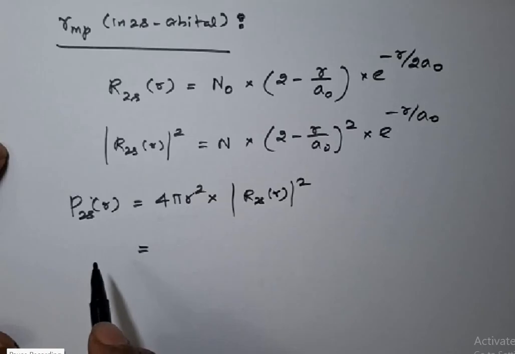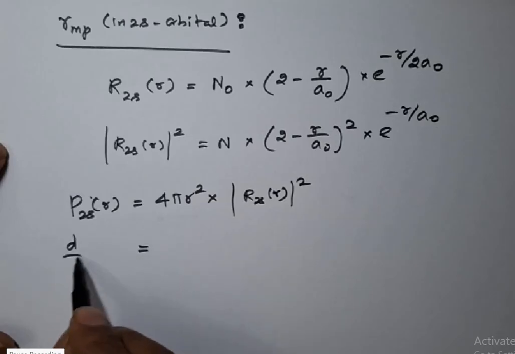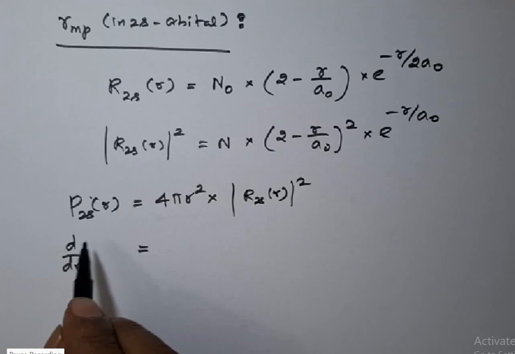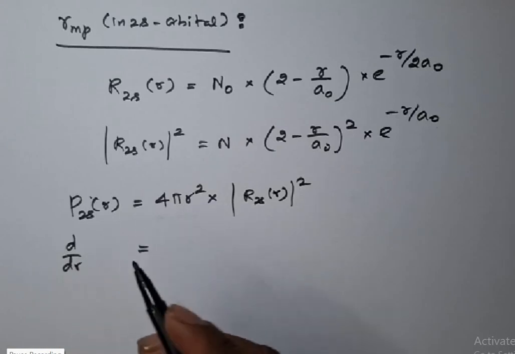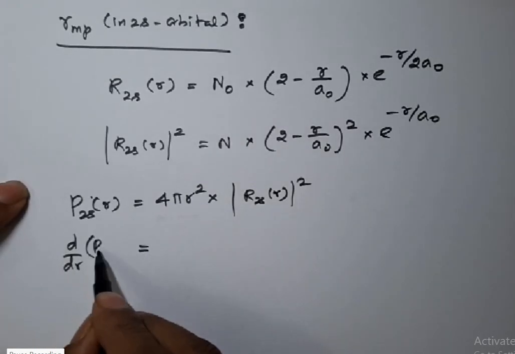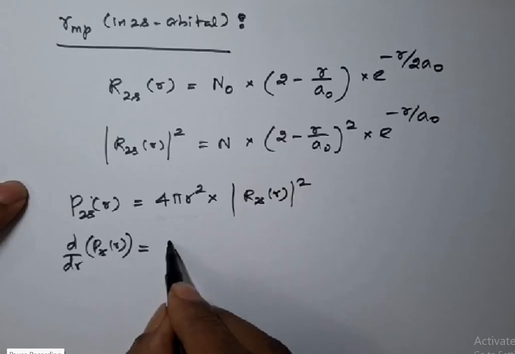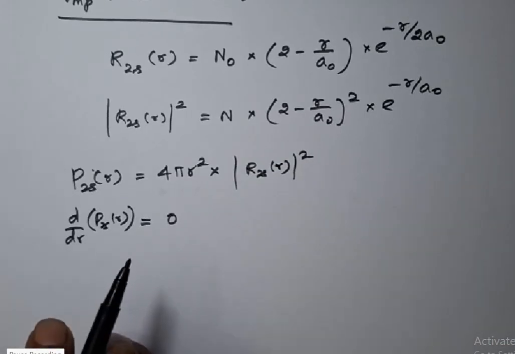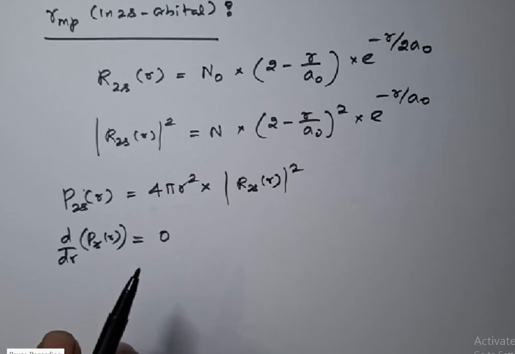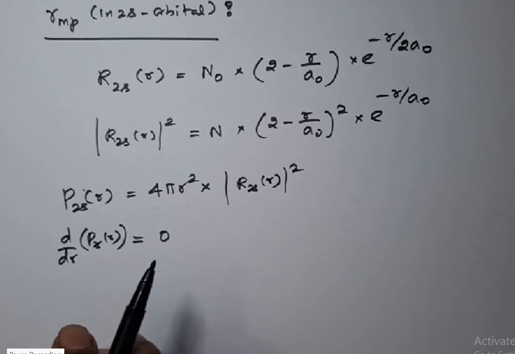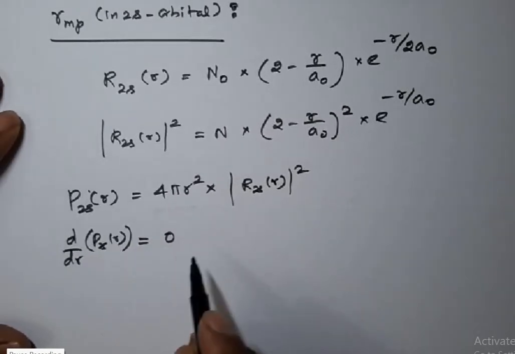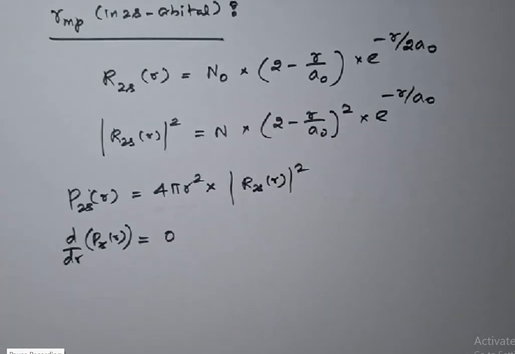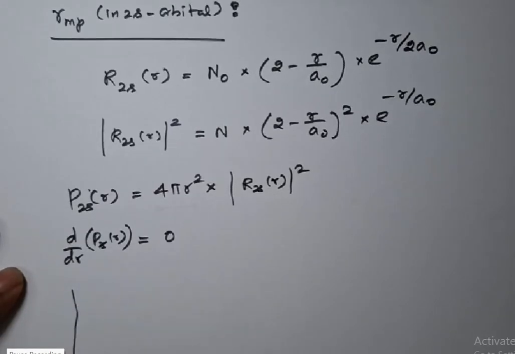To get the maximum, we have to differentiate this radial probability distribution and put the value equal to 0. If you substitute the value equal to 0, then we can find at what distance.